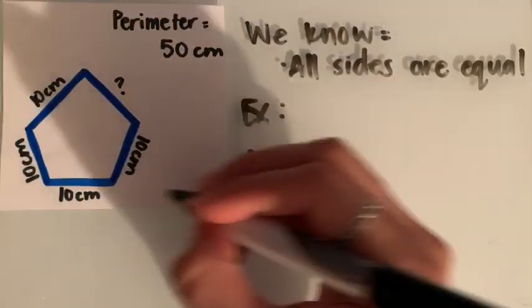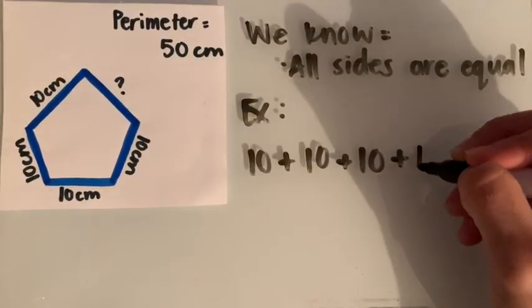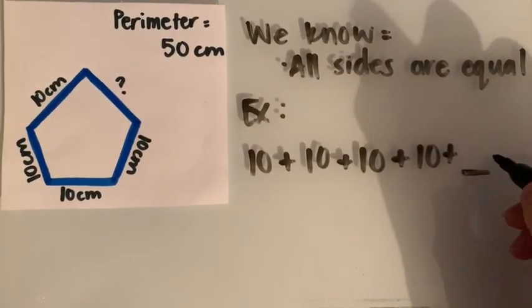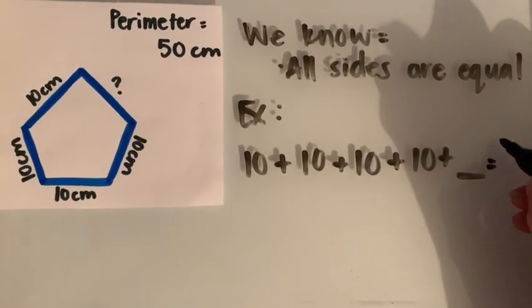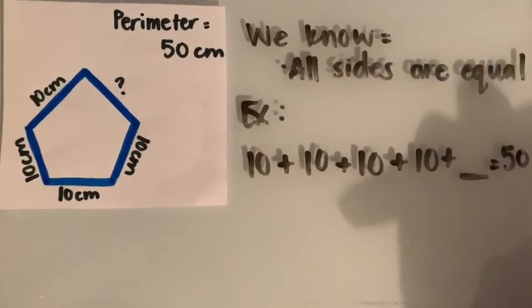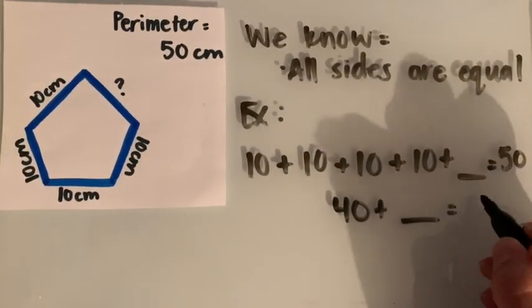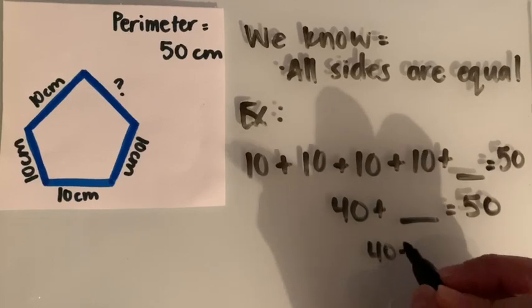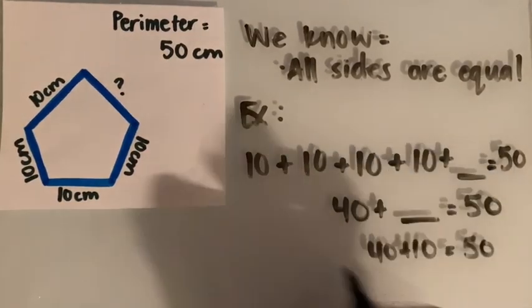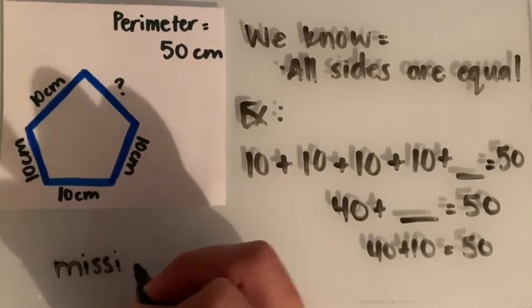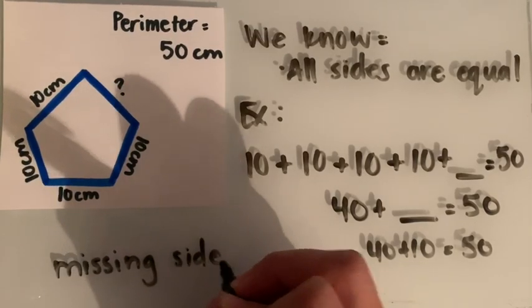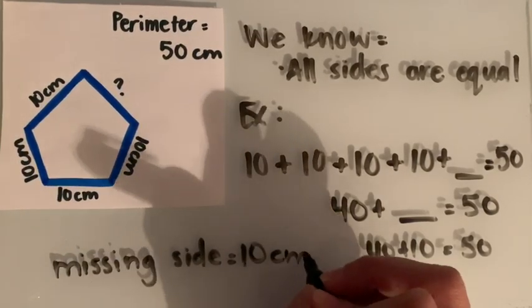We start by writing 10 plus 10 plus 10 plus 10 plus the missing side. And we know that our perimeter is 50. So all of this has to equal 50. So far we know that 40 plus a missing side equals 50. And we know that 40 plus 10 equals 50. So that's how we find our missing side. Our missing side is 10 centimeters.